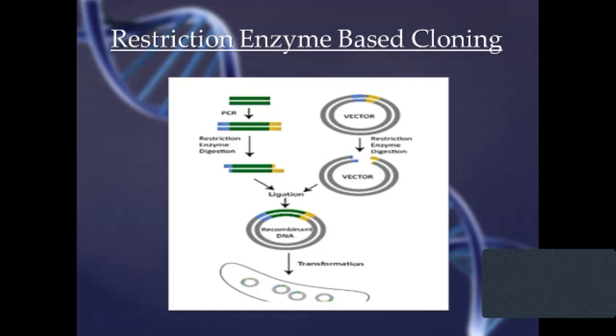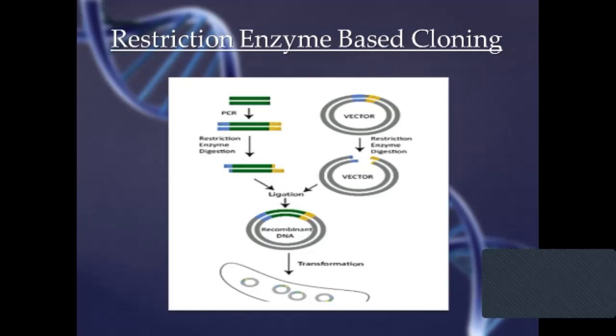This method is useful when you have one DNA insert to incorporate into the plasmid. By using PCR, you can add restriction enzyme sites on your DNA insert to accommodate this method.